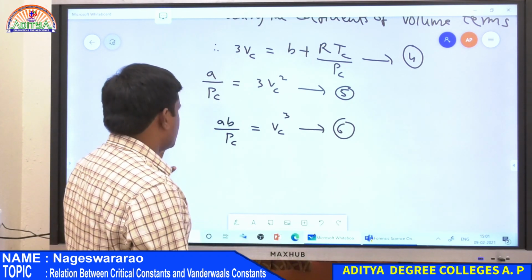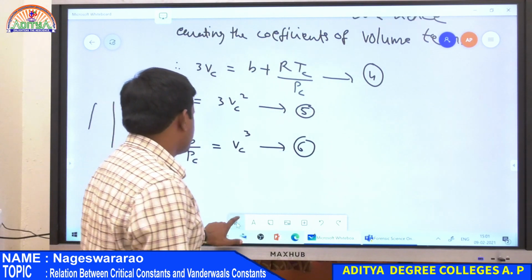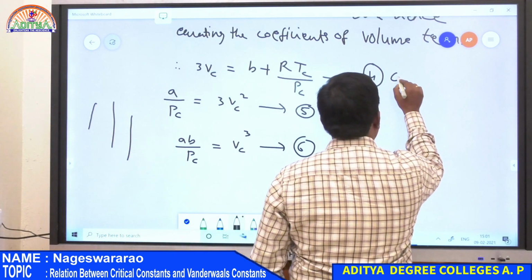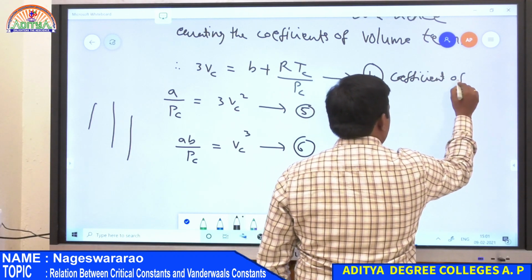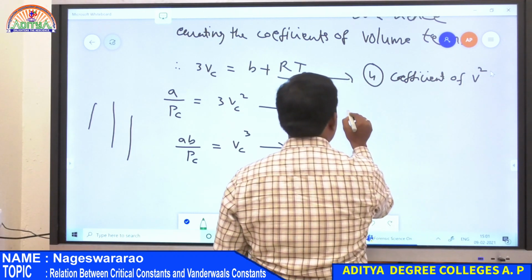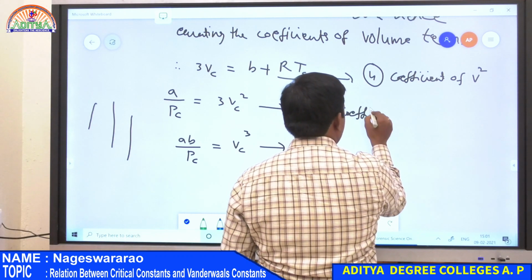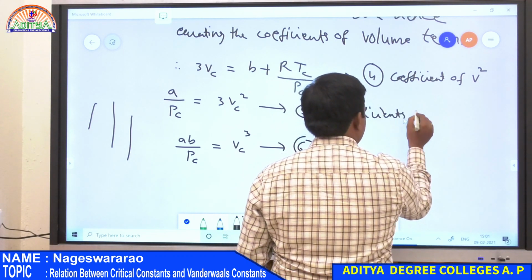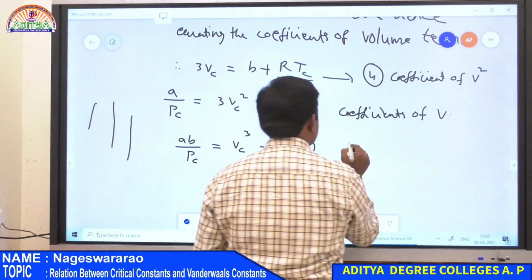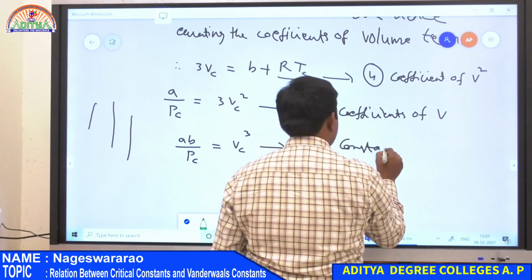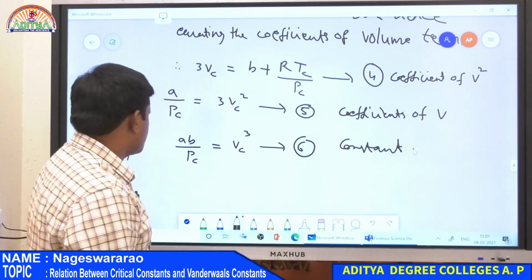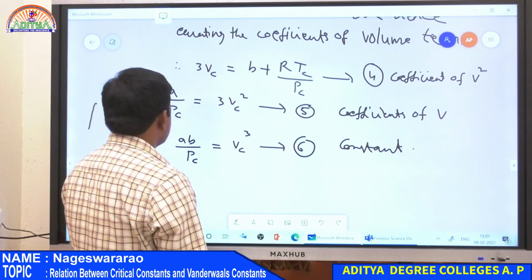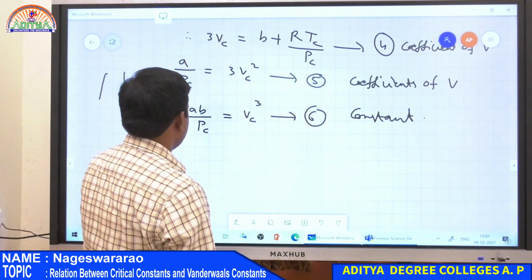The first equation, that is equation number 4, represents the coefficient of V square term, and this is the coefficient of V term, and this is the constant term. So now using these equations, we simply derive Pc, Vc and Tc values.